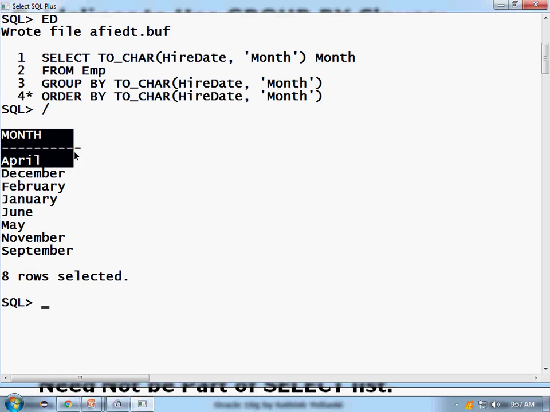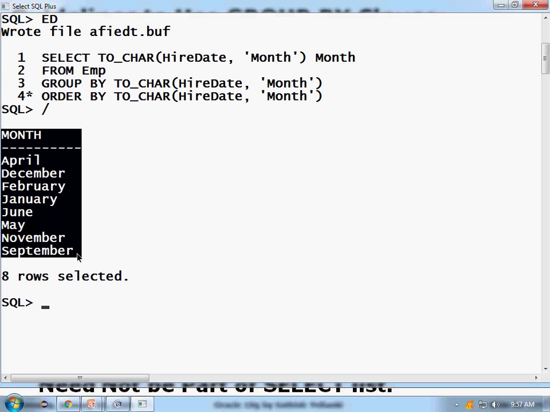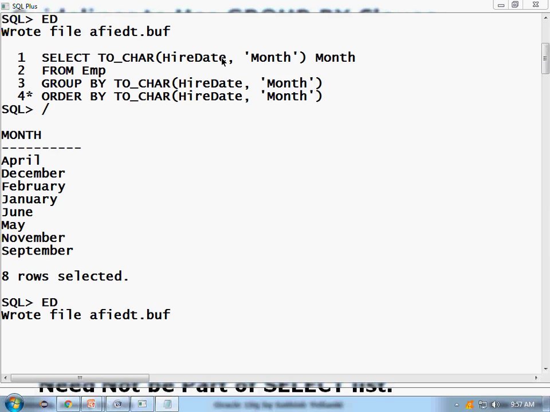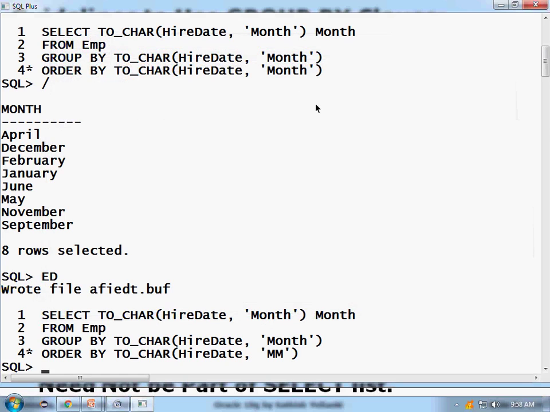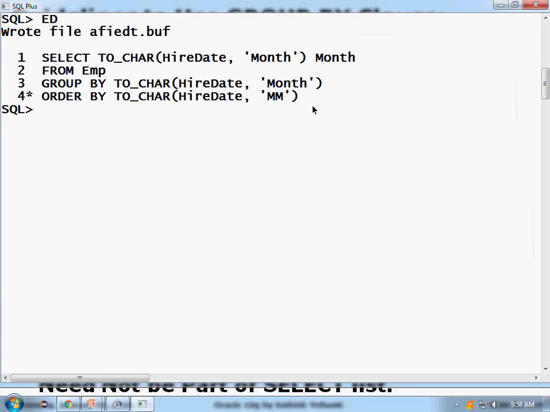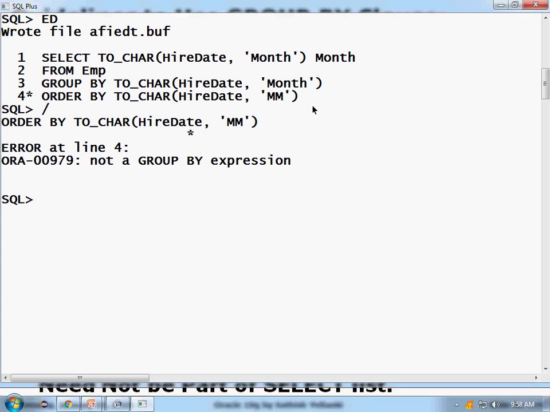Small mistakes you cannot know because in an interview room, presentation output will not be there, only white paper will be there. Now when your interviewer is asking, a student who understands this better thinks of doing this numerical month, forgetting the fundamental rule that the order by clause has to follow the exact format of the column of the group by.